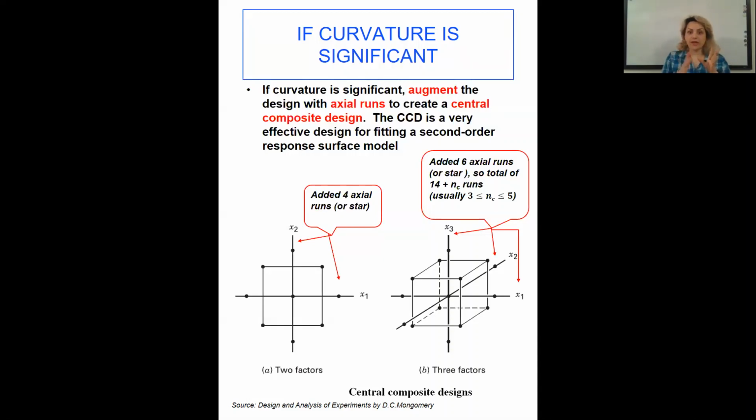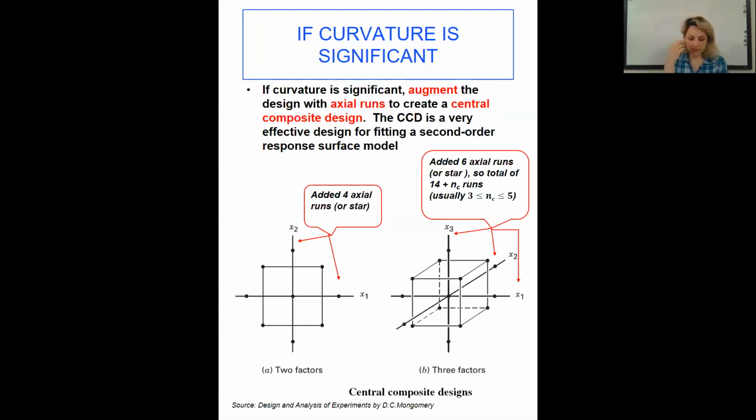Instead of having full replication for our designs, we would add some axial runs. We're going to learn later that we have a level for these star points, which is alpha, and how to calculate it. We add these axial runs to have these points that you can see, which we call star points, and then we call it central composite design.